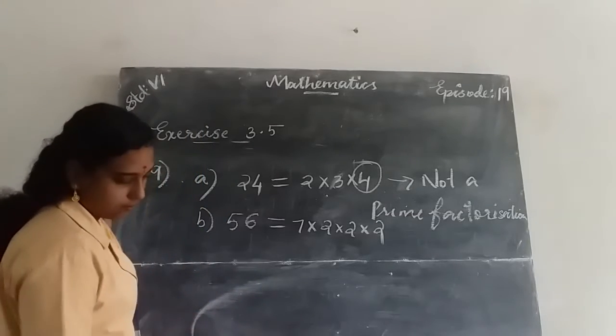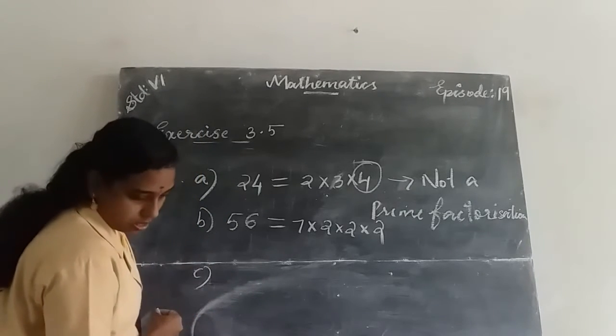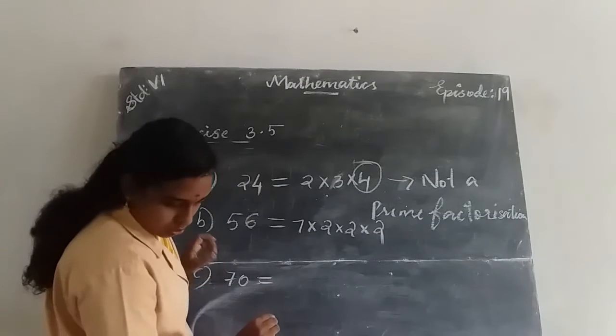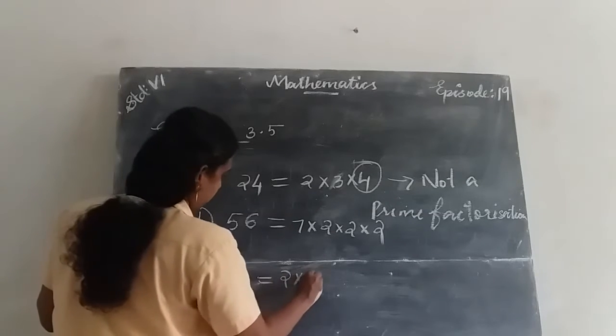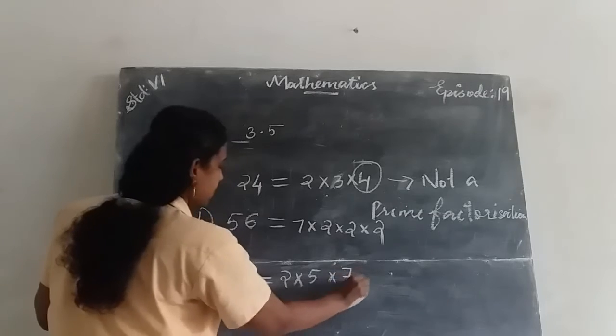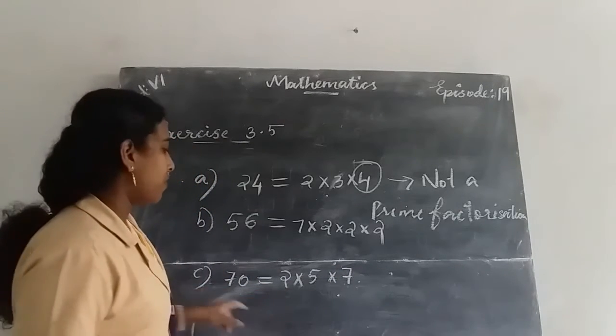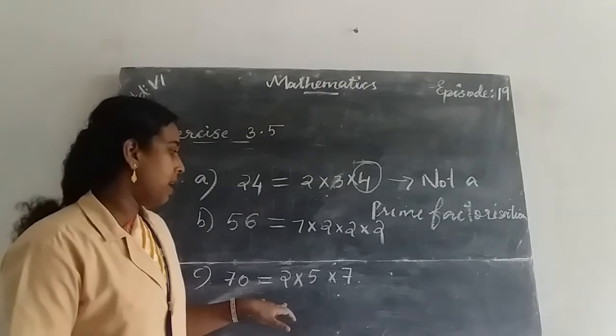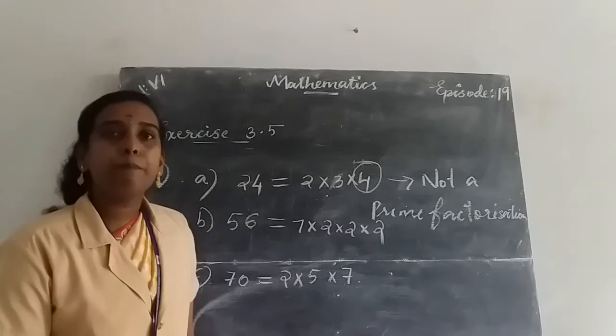And the third expression: 70 equal to 2 into 5 into 7. This is also a prime factorization. In this expression, prime factorization has been done because 2, 5 and 7 are prime numbers.